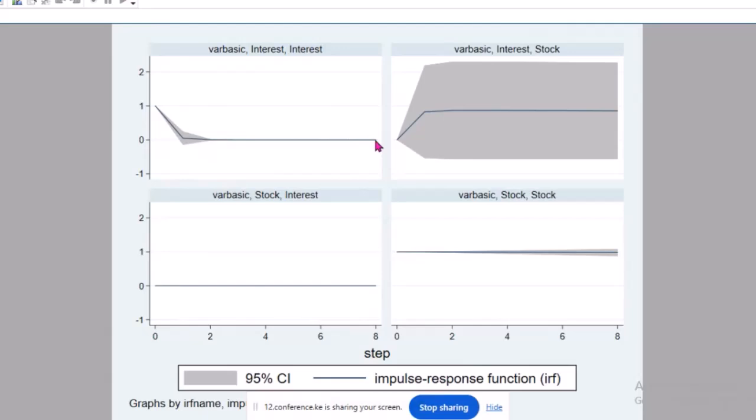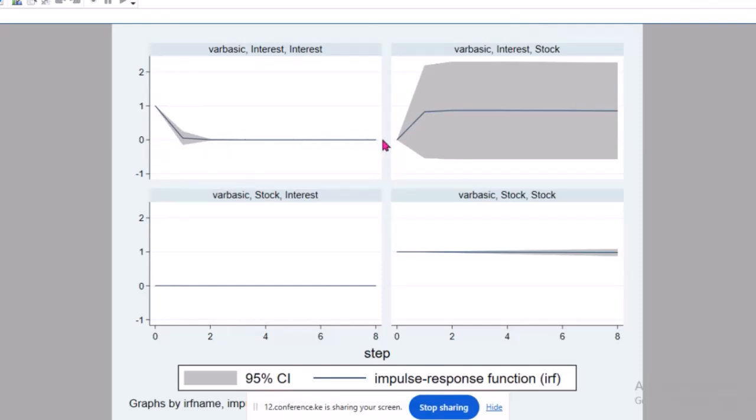That means if we shock interest rate, the interest rate itself will have a positive change to almost 1, which then dies out in the long run.